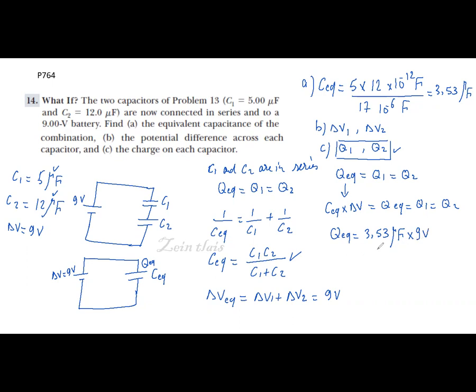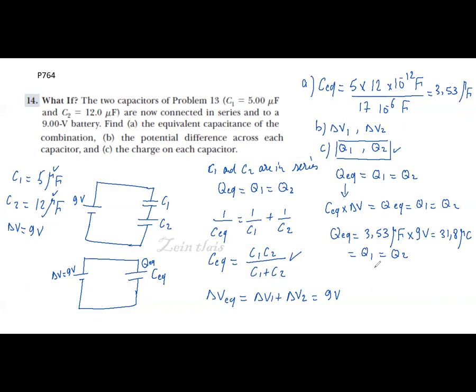So we have 31.8 microcoulomb. This is the value of Q1 and Q2.